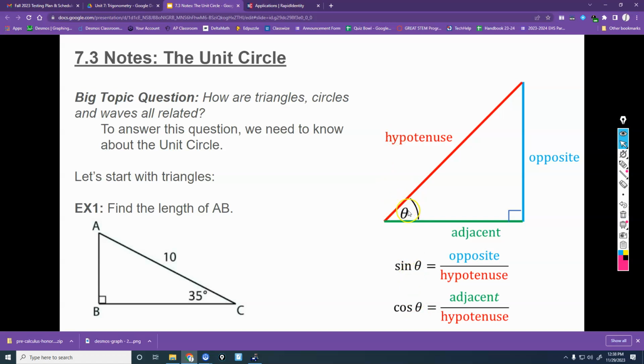Whenever you have an angle given to you, this blue side right here is the opposite side, the green side is the adjacent, and then always the hypotenuse is across from your right angle. So you may have learned SOHCAHTOA in Math 2 to memorize that sine is opposite over hypotenuse, cosine is adjacent over hypotenuse, tangent is opposite over adjacent.